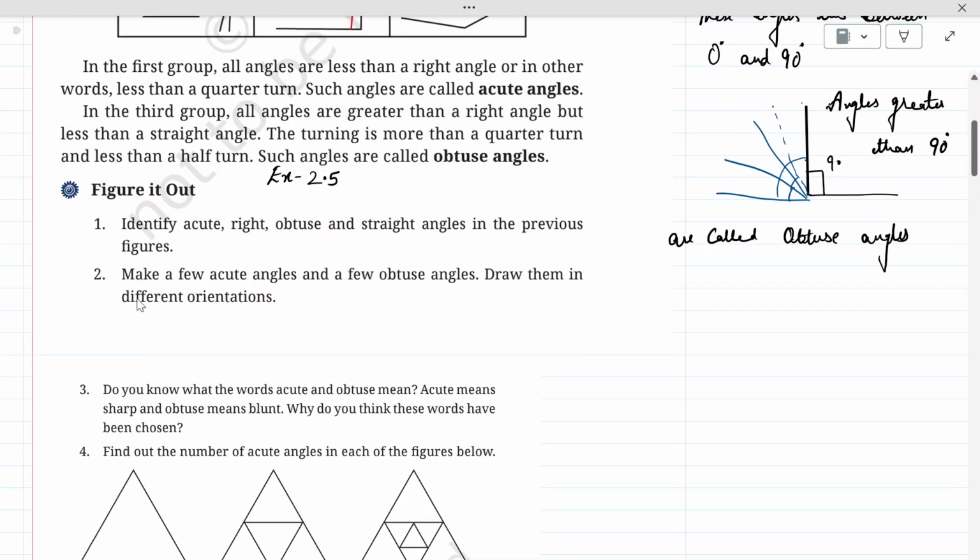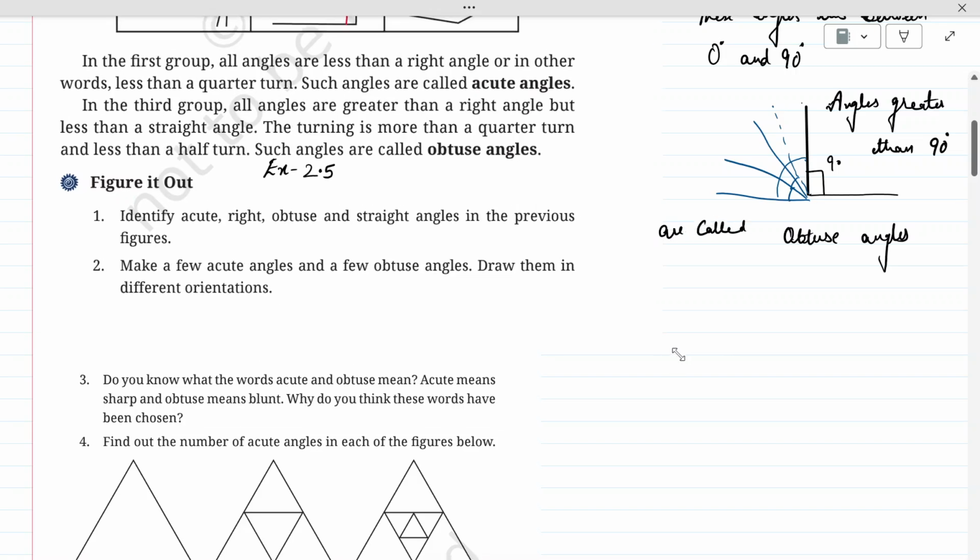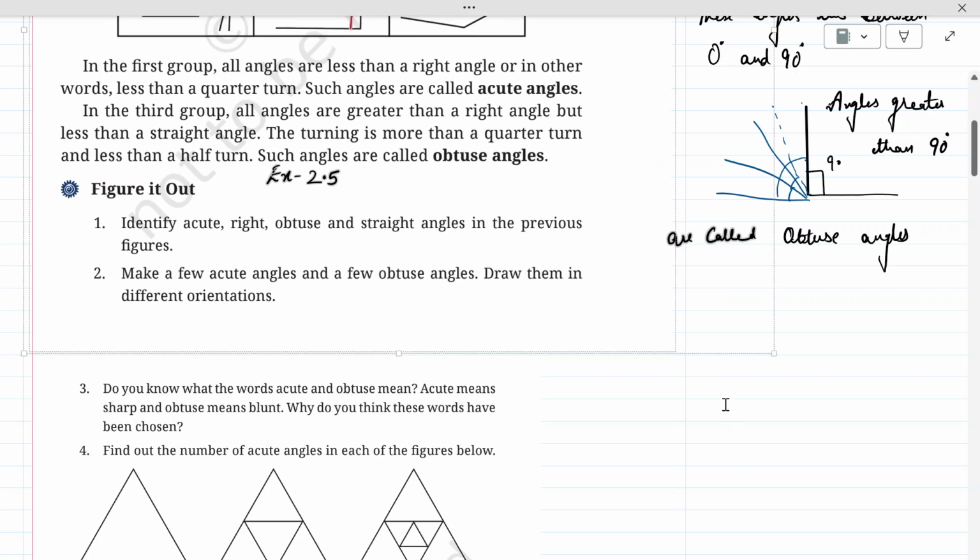In the second question, make a few acute angles and a few obtuse angles and draw them in different orientations. So let us try to do this here. I'm marking answer number 2. And we have to make acute angles, the angles which are less than 90.